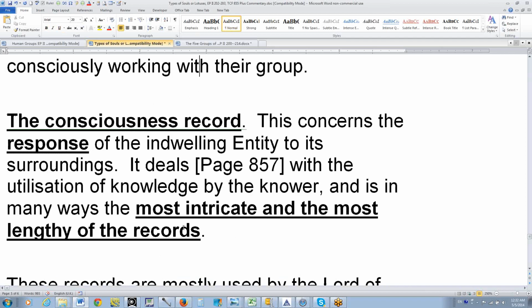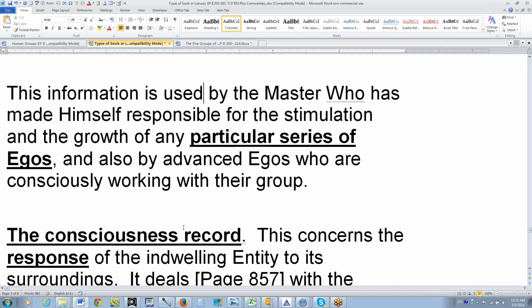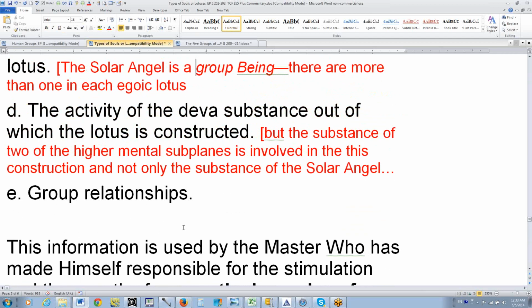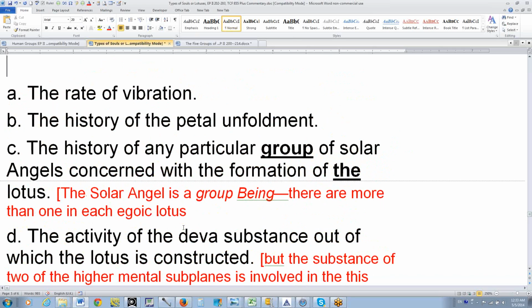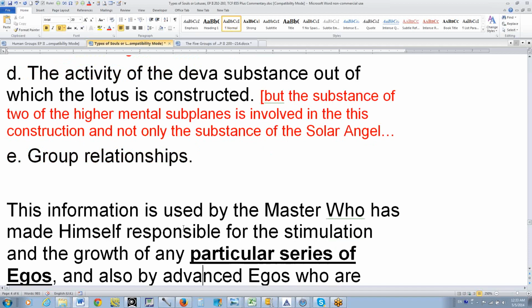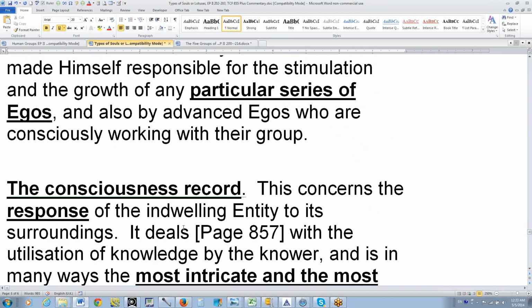He doesn't really say much here, does he? But I think we have what we might call formal records. They have to do with vibration, degree of formal unfoldment, the particular types of solar angels that are involved in petal construction and maybe supervising petal unfoldment, Deva substance, and so forth. And then the consciousness record.